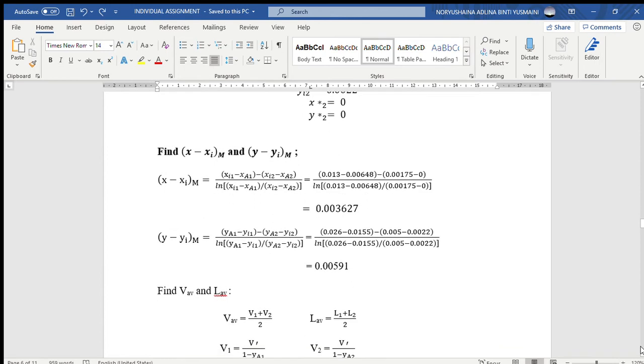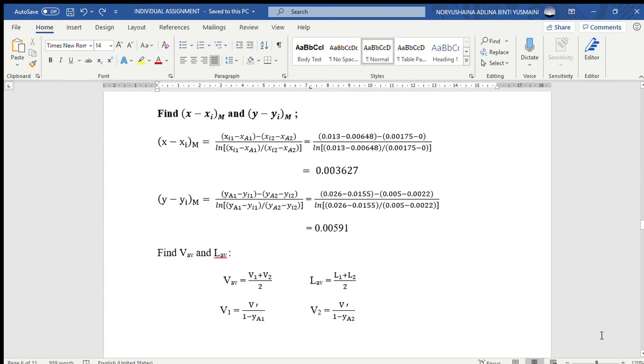Next, before we can calculate the height, we must first find the value of x minus xim and y minus yim. To calculate these two values, this is the equation that we need, and the information needed is the value of xi1, xa1, xi2 and xa2. I found this equation in the appendix given.